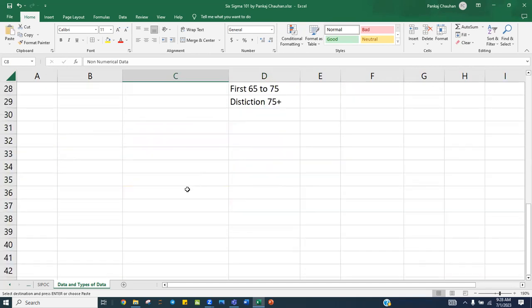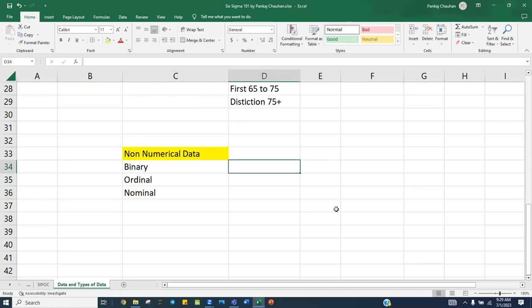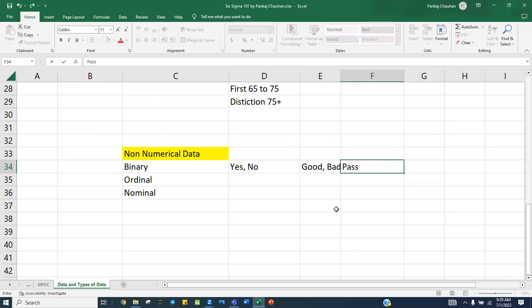Now, once we have discussed the numerical data, we'll talk about non-numerical or qualitative data. In a similar way, non-numerical data has three categories: binary, ordinal, and nominal. Binary data is when you have only two forms of the data, either yes or no, maybe good or bad. Let's say you will say a sample is pass or a sample is fail. This kind of data is called binary data.